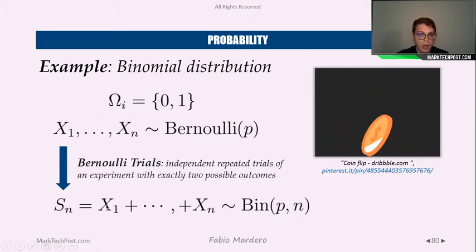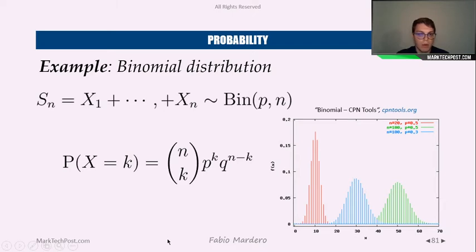This could happen if we take n coin flips and we sum the result, head or cross.